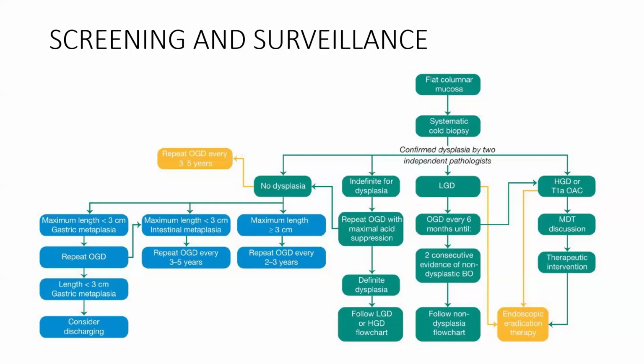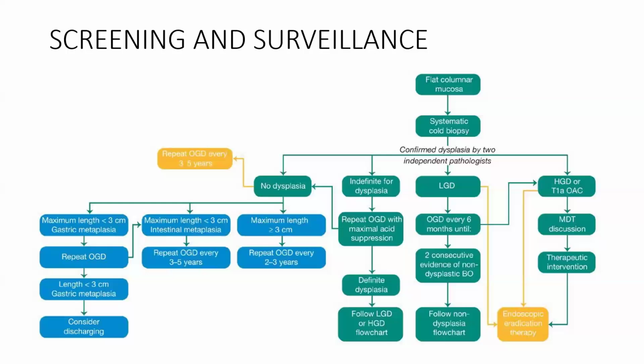Due to the significant impact on management, if Barrett's esophagus is associated with dysplasia, the ACG, that is the American College of Gastroenterology, emphasizes the importance of confirming any dysplasia diagnosis with a second expert opinion from someone with extensive experience in Barrett esophagus related neoplasias.